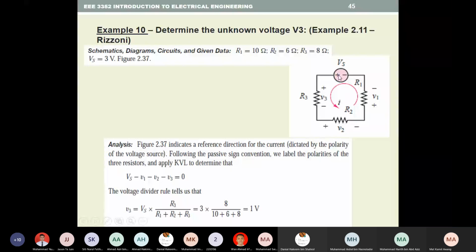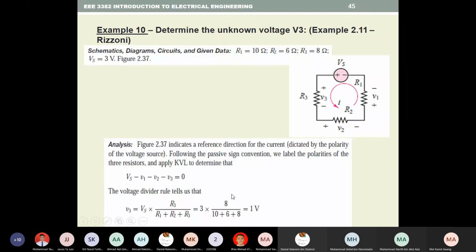In this case, since the plus sign of the voltage source is on the left, therefore we assume the current flow is counterclockwise, because the current flows out from the positive sign of the source. We have Vs minus V1 minus V2 minus V3 equal to 0.